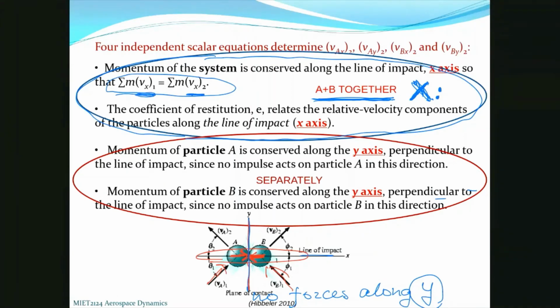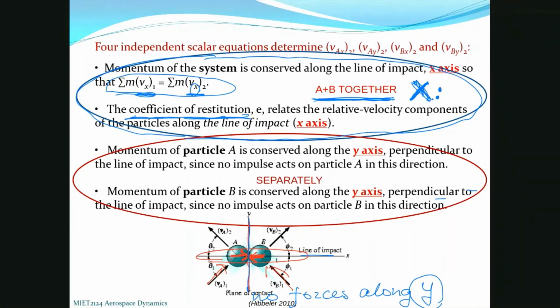So it will be mA vA1x plus mB vB1x equal to the sum of momentums of separation, also in terms of components of those velocities and the coefficient of restitution.